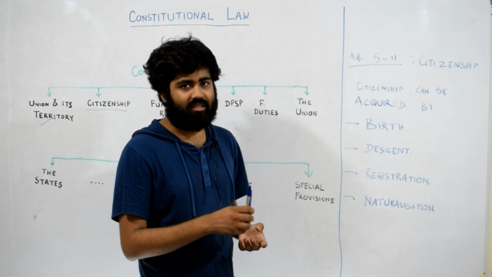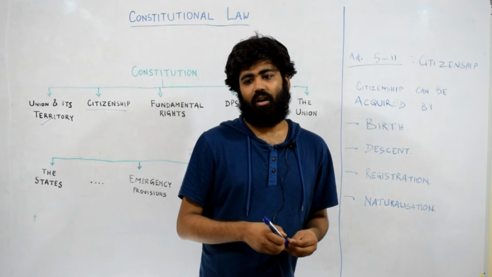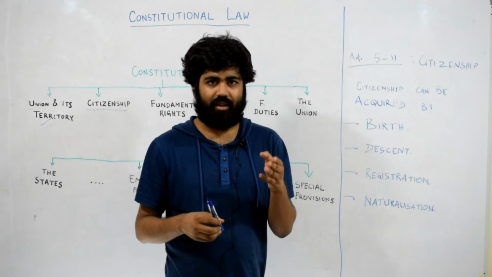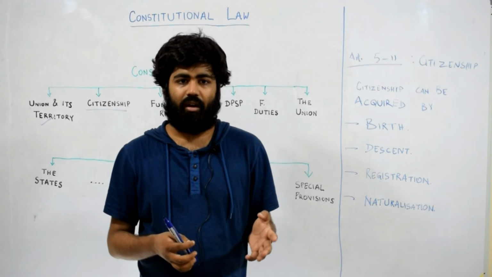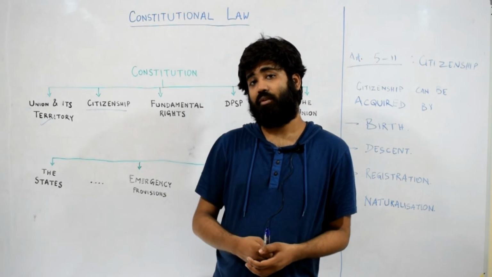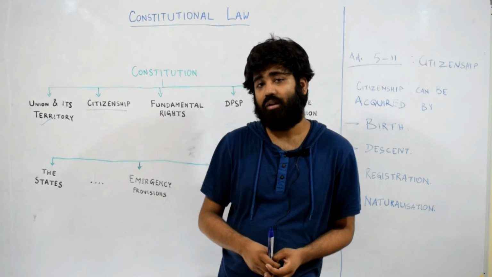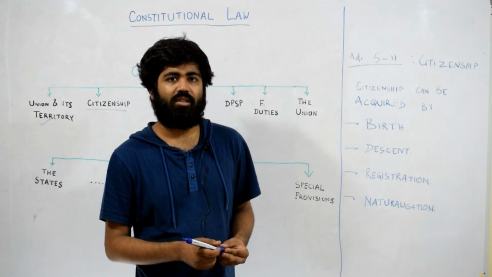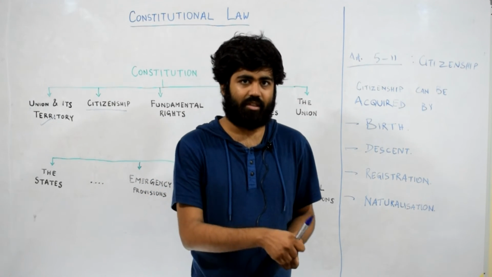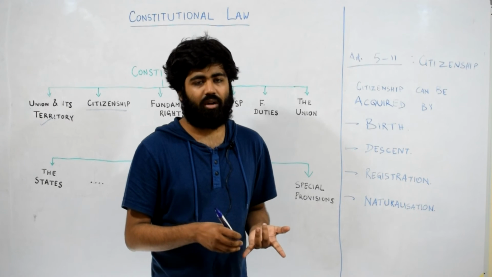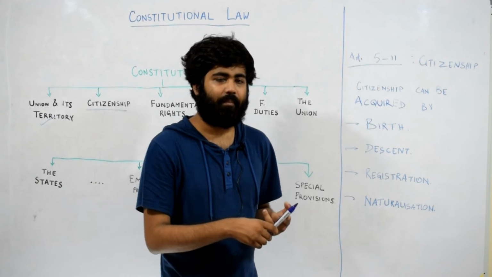You can get registered for citizenship of India, either when you register at the office after you have migrated from the territory that is now in Pakistan, or you register at the consulate if you are entitled to citizenship of India but you are a resident of some other country.